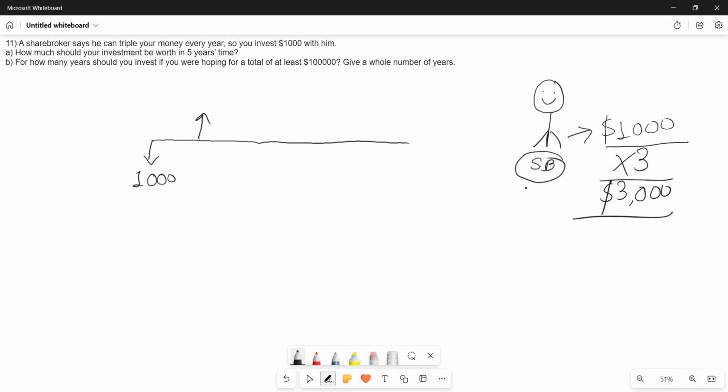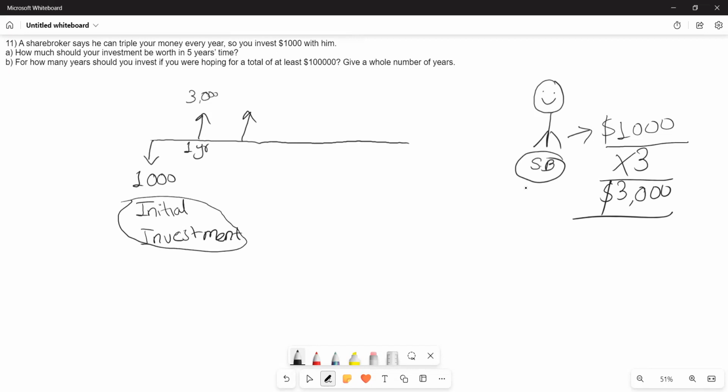After 1 year, how much you are getting? 3,000 after 1 year, isn't it? Again, in 2 years, how much you are getting? This is initial investment. Correct? 1,000 is your initial investment.